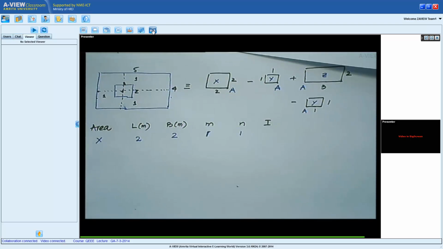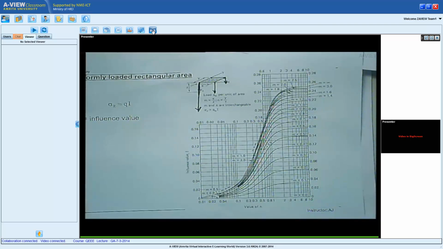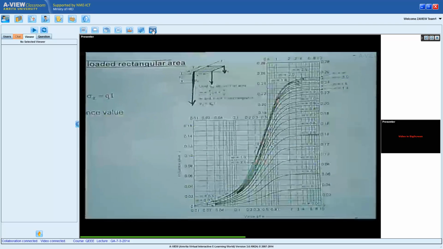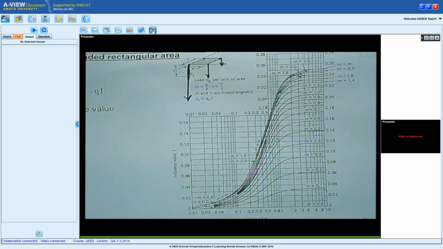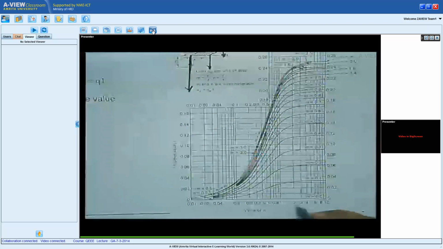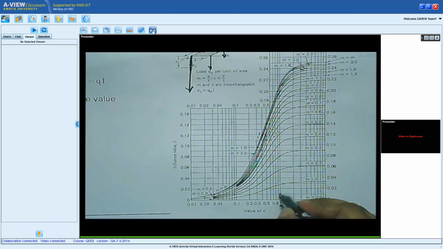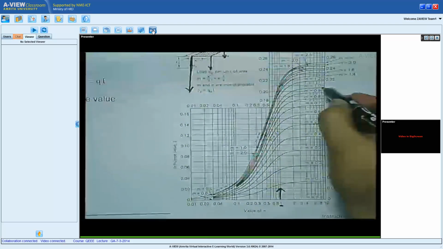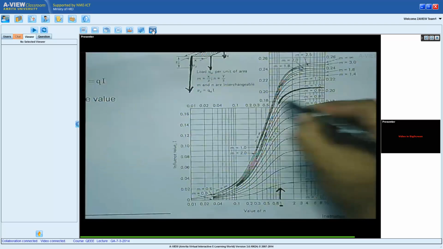Now, I'm going to just quickly show you the chart, but I would like you to go home and read it. Let me see if I can zoom this, at least for the first one. Okay, stop here. So, I have N on the horizontal axis, and both M and N are 1. This starts from 0.01, that's the 1 value. So, I need to go up. M is also 1. M is 1 somewhere here. So this is the curve of M for 1. The intersect of this point is somewhere here.